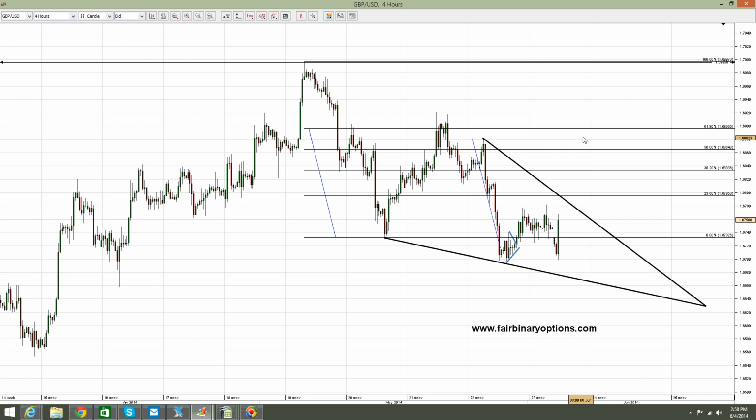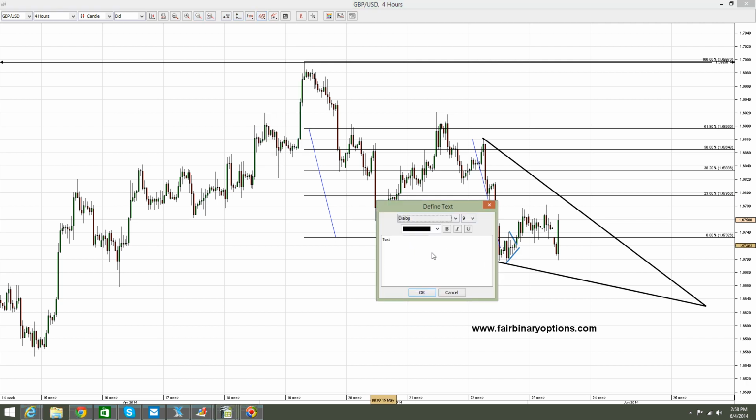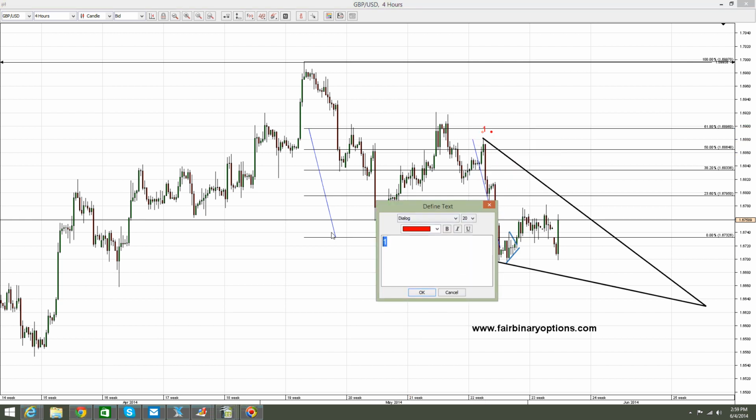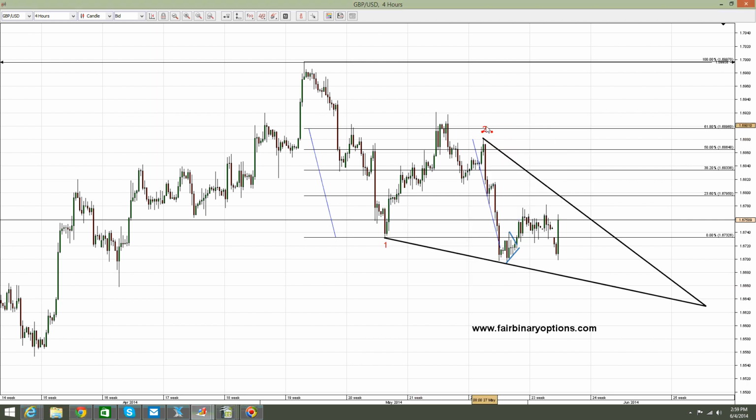So how should this one then be labeled? It should be labeled like this to be the first wave, then the move to the upside to be a second wave, then a third wave all the way to the downside that ends with this triangle here.